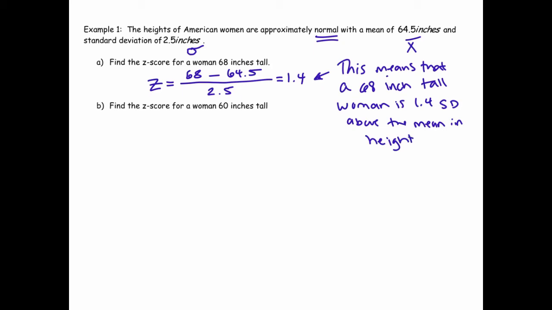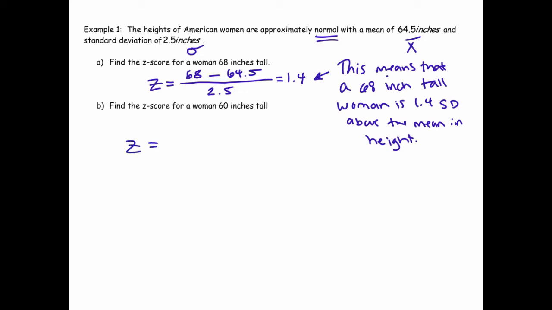Especially when we talk about the normal model, you'll start to think in terms of standard deviations. If I said someone was 3 standard deviations above the mean for height, that person is comparatively very, very tall. And someone who has a z-score of -3 is very short. So let's do the next example.